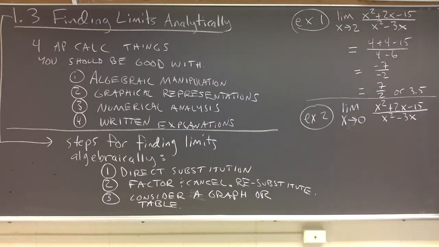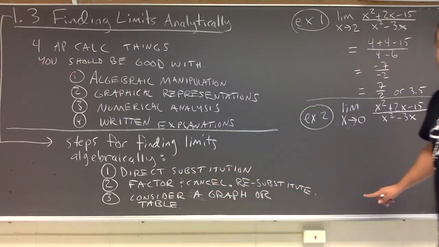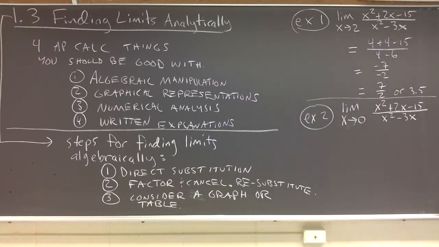Okay? So again, if we're just following our steps here, you're going to think, all right, can I plug 0 in? And right here there's an issue, right? Because if you plug 0 into the denominator, you cannot divide by 0. So the next option, we're going to try to factor and cancel, and then see if we can substitute 0 in. So let's see what happens.